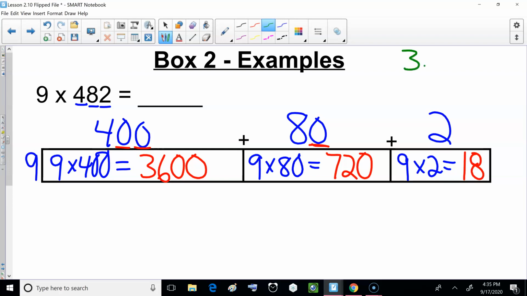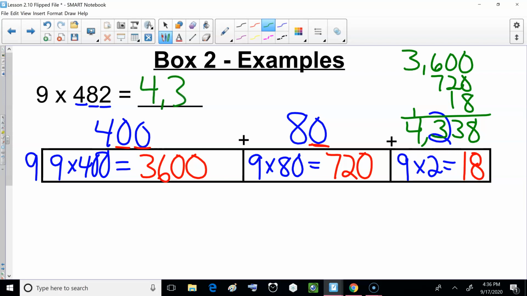So 3,600, 720, 18, add them up, 0, 0, and 8, 3, 3, carry the 1. So I have an answer of 4,338. So you can pause the video again, write down this example to help you out as you start to do your own 1 by 3-digit multiplication.